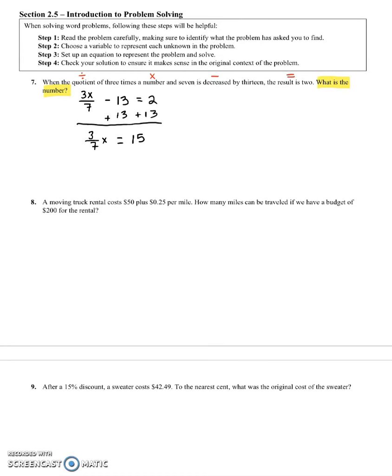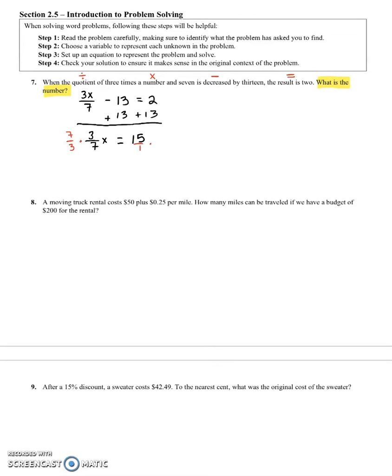Now you'll notice I moved the x out to the side of the 3/7. Why can I do that? Well, remember when we multiply two things, we multiply the numerators and we multiply the denominators, so I can split it up this way. It's kind of sneaky, I know. Now, to get the x by itself, since it's multiplied by 3/7, we want to multiply by the reciprocal.